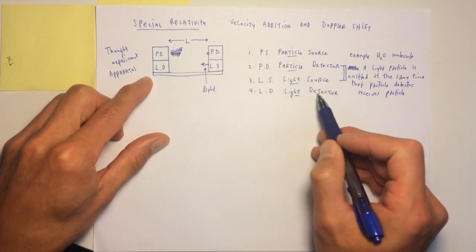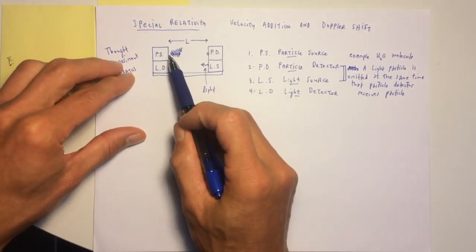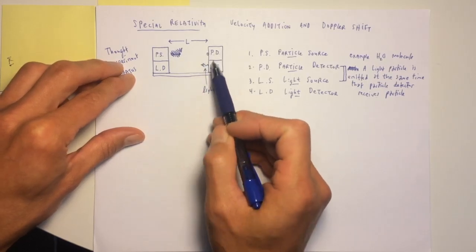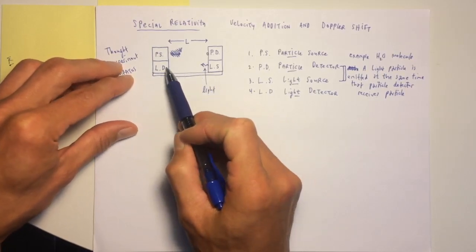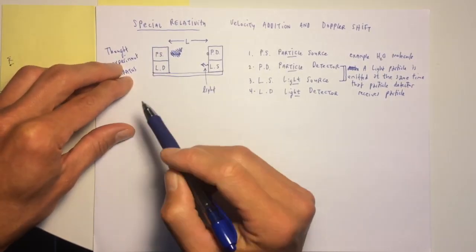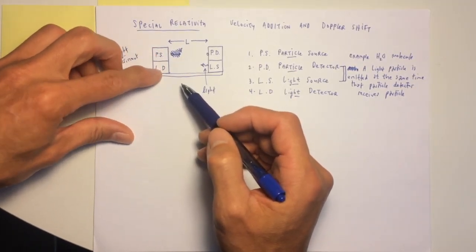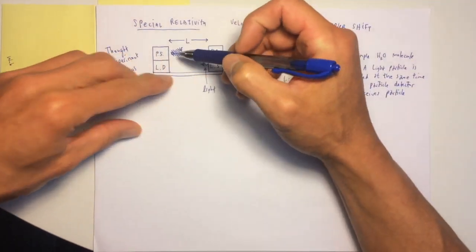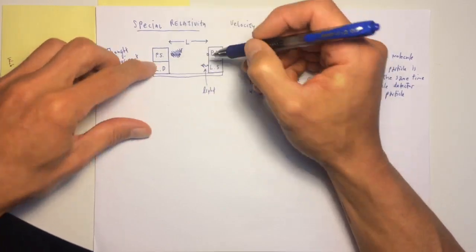So that's the 4th piece of the apparatus, right? So a particle is emitted, travels across at the speed v. As soon as it touches the particle detector, a photon is released in the opposite direction, travels across, and is detected at the light detector, which is at the same location as the particle source. So the detector and source are at the same place over here, and the source and detector, same place over here.